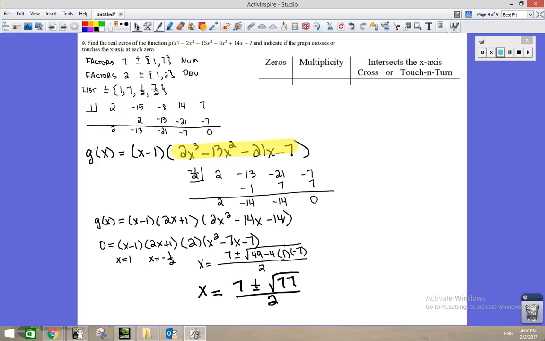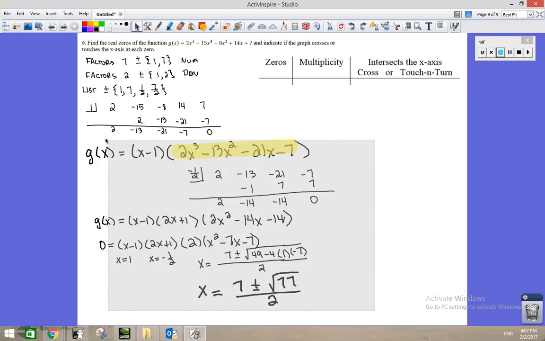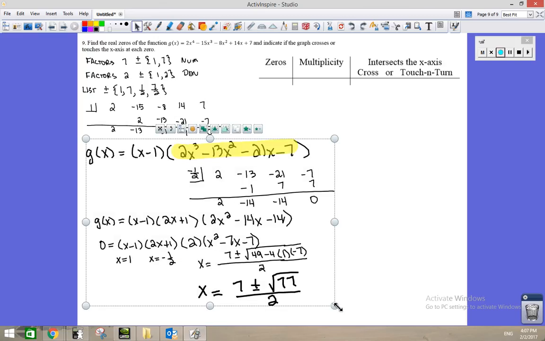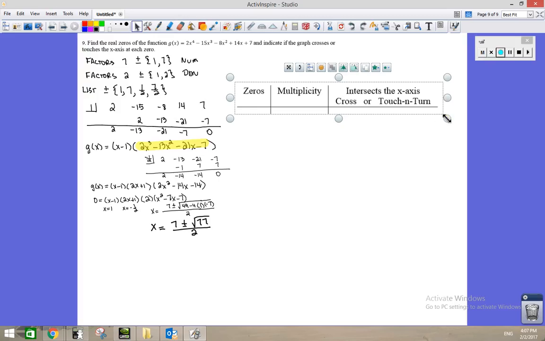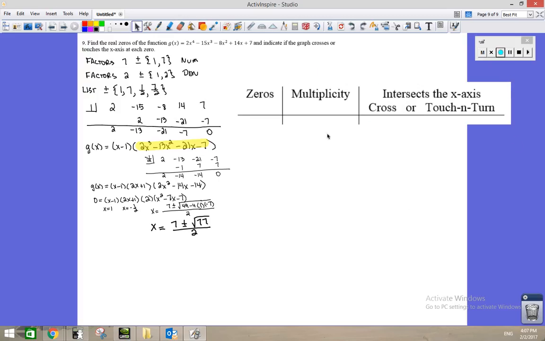So let's shrink this up, and we're ready to give our answers. Let's do it in the form of a table, because remember the directions. It wanted not only the zeros, but the multiplicity and how it intersects the x-axis. So we had x-intercept is 0 of 1. We had 1 of negative 1/2.